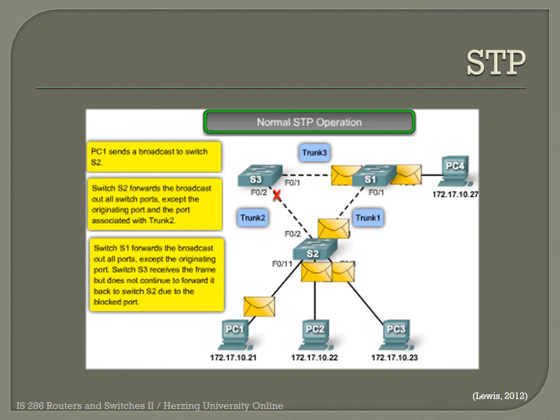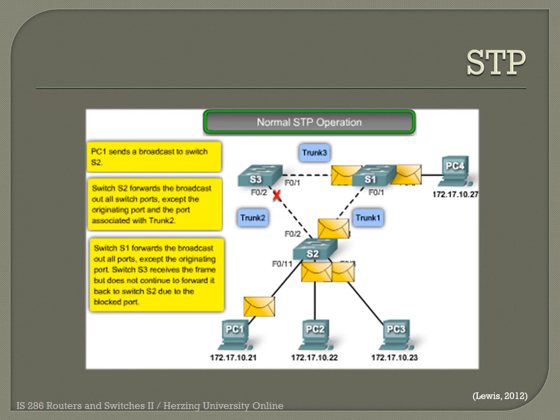Using the example topology that we used before to demonstrate how a layer 2 loop occurs, let's look at the result of STP. First, you'll notice that the connection between the S2 switch and the S3 switch is blocked. What is happening here is that spanning tree is blocking the redundant connection by blocking port F02 on S3.